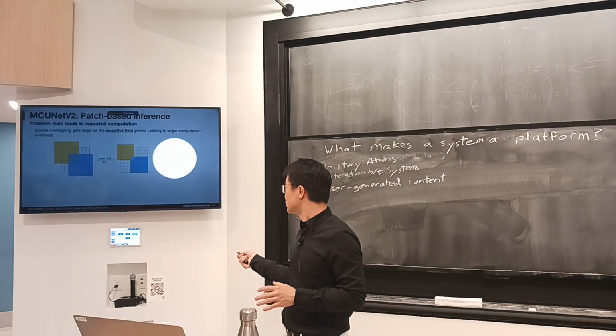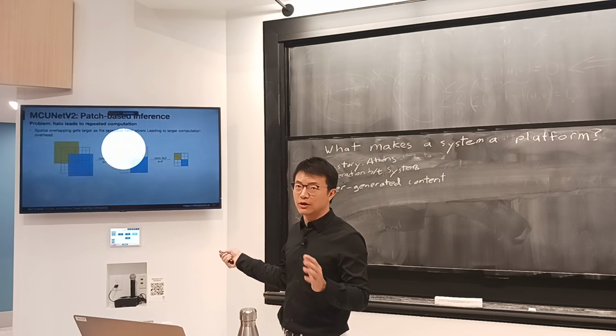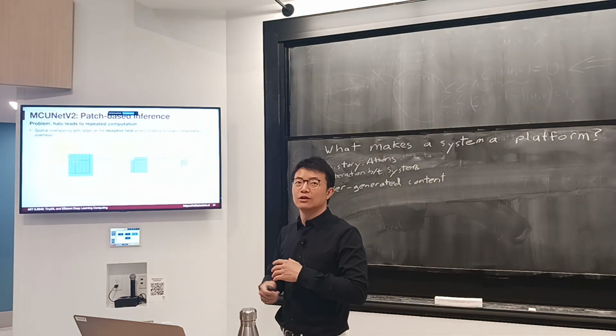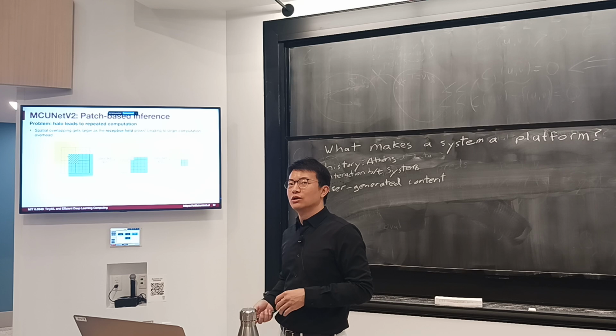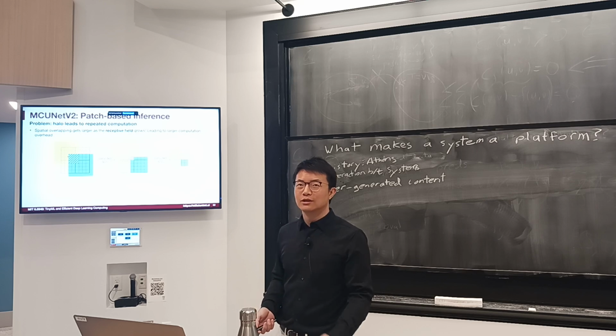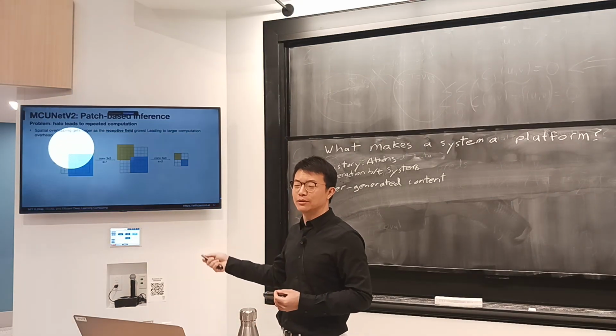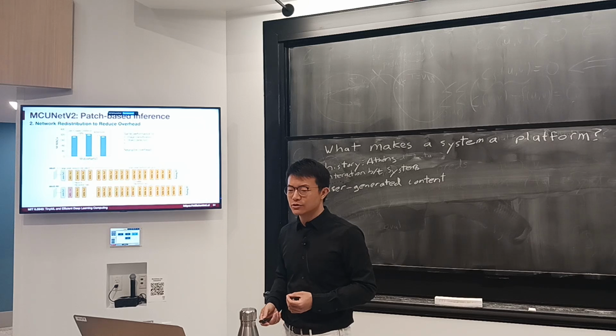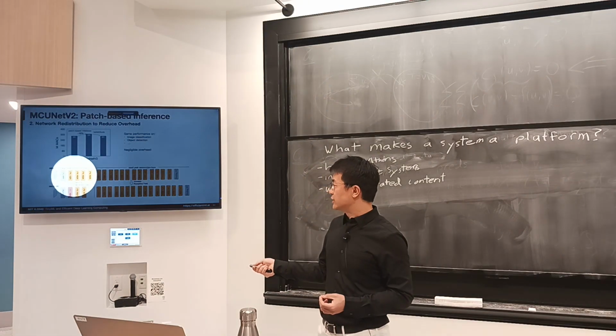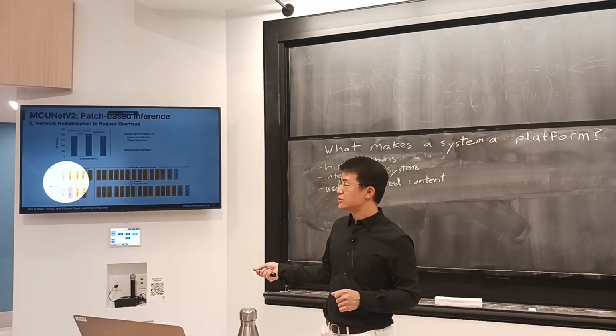The receptive field goes from 2x2 to 5x5, 7x7, so we have a larger receptive field. What if we limit or reduce the receptive field? That will reduce the area of the halo, the overlap region, right? So actually, we can redistribute some layers.